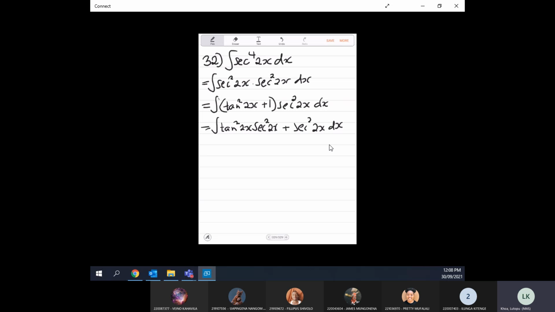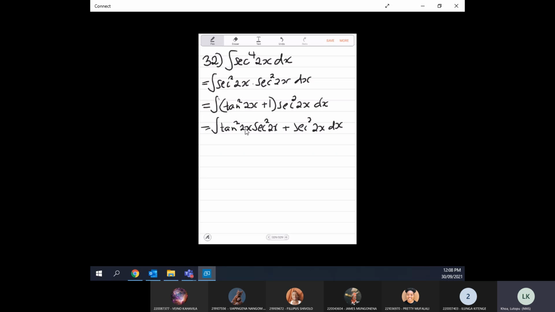Okay, so again, this is pretty simple to integrate. We know the integral of sec squared is tan. We will just have to divide by 2. And then the same thing over here, the derivative of tan is sec squared. So the power of tan here is going to go up by 1 to give us 3. And then we divide by 3 and then also divide by the derivative of 2x, which is 2.